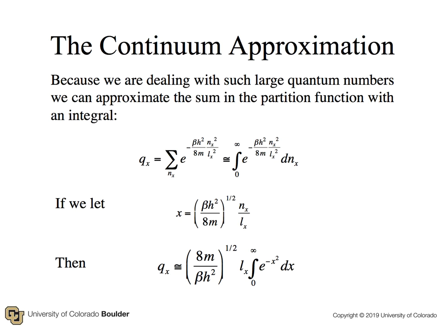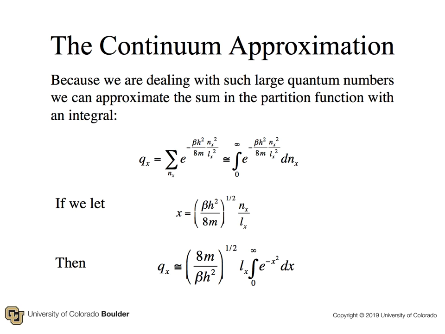And so making the approximation that we can replace the sum in the partition function with an integral is perfectly reasonable. So that's the first equation on the slide, where we've just replaced the sum with an integral over dnx. This is for the x direction, and we do exactly the same thing for the y and z directions.